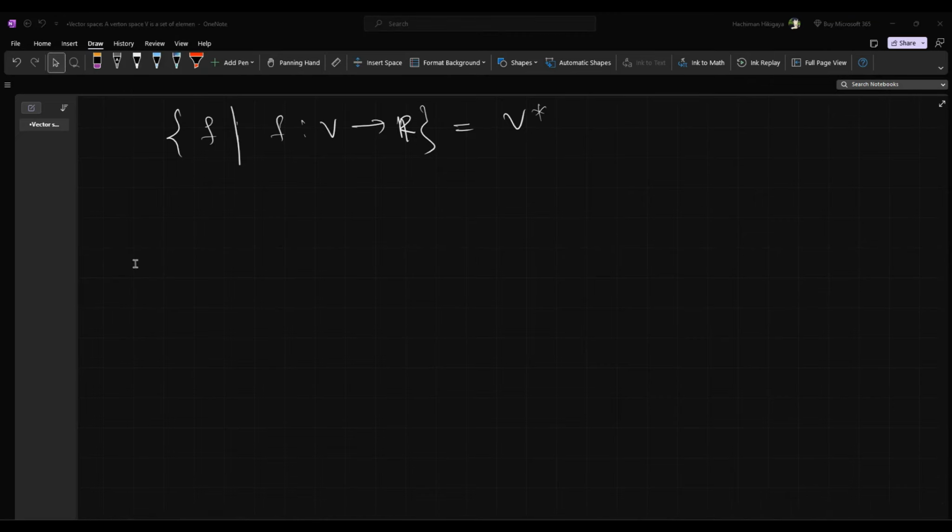Now this dual vector space also has a basis, of course, and we want this basis to follow a specific rule.